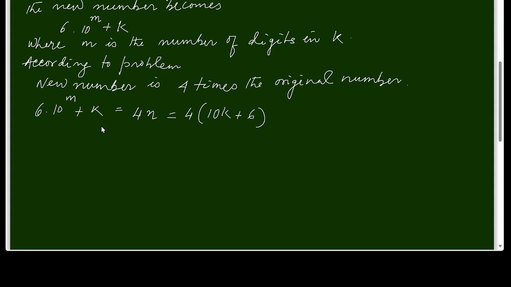Now, simplifying it, 6 into 10 to the power m plus k equals 40k plus 24, or 6 into 10 to the power m equals 39k plus 24.